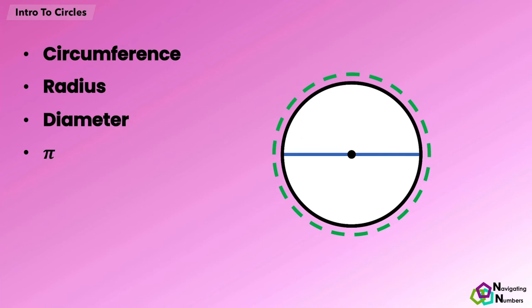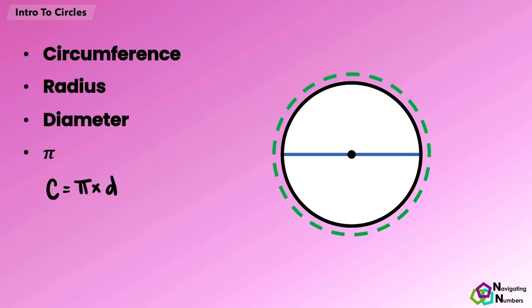Now finally, let's take a look at this symbol here. This symbol is called pi. Now let's take a look at what pi means in relation to circles. If we were to take a look at the formula for circumference of a circle, we find circumference of a circle by multiplying pi times the diameter of a circle.